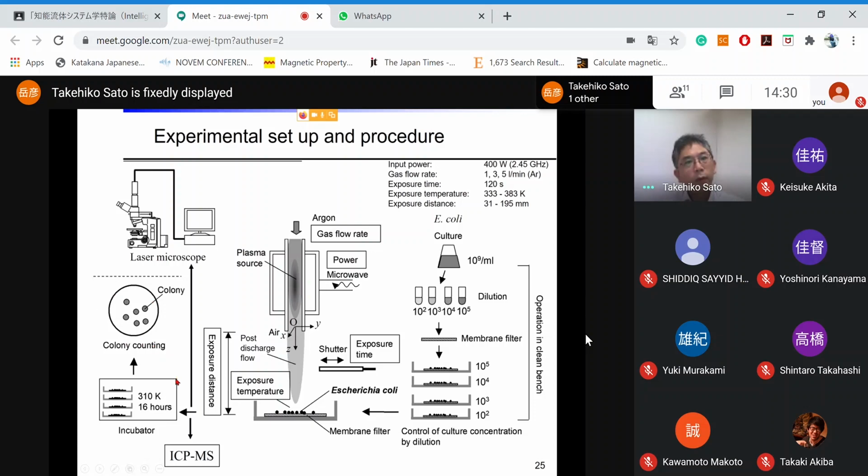In this case, even if one bacterium remains after 8 hours, it makes one colony. So it's around maybe 1 million bacteria. It's a very traditional method to count the bacteria.